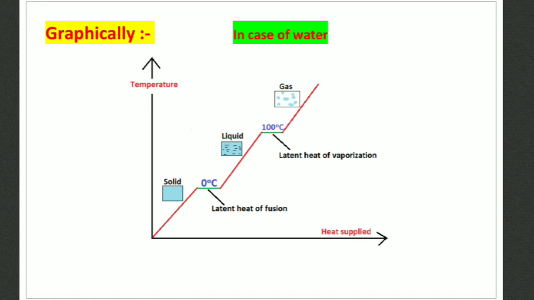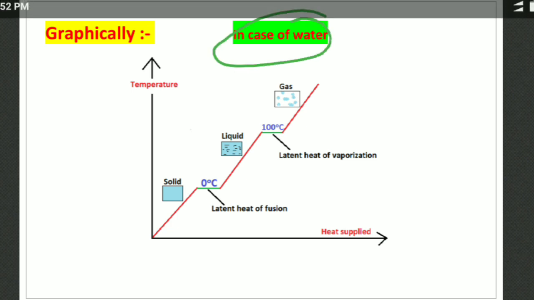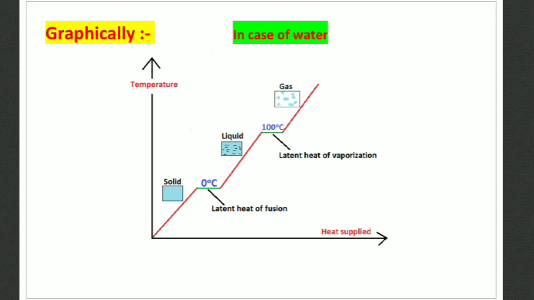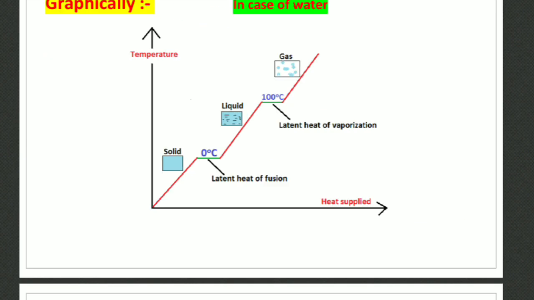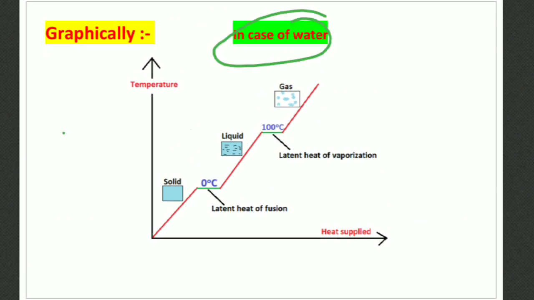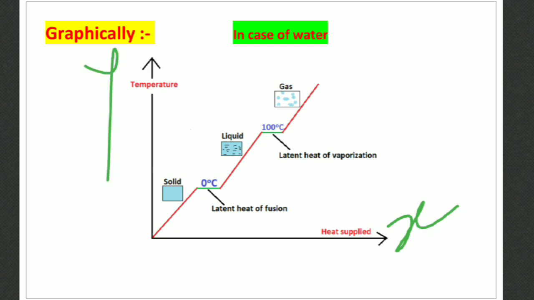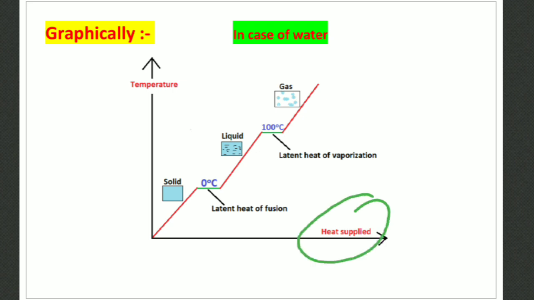Okay, so graphically, if we see this in the case of water, here we have two axes, x and y. In the x axis we are considering heat supplied, and in the y axis we are considering temperature.